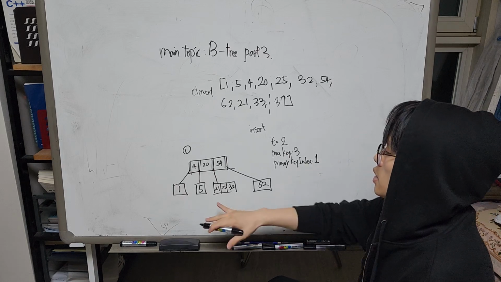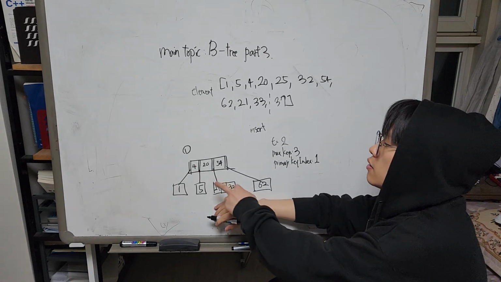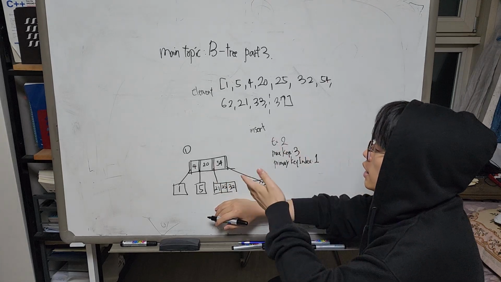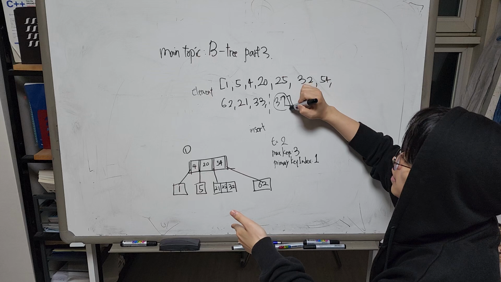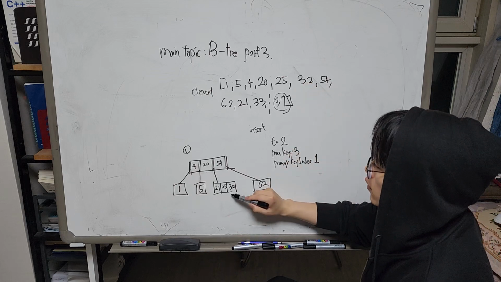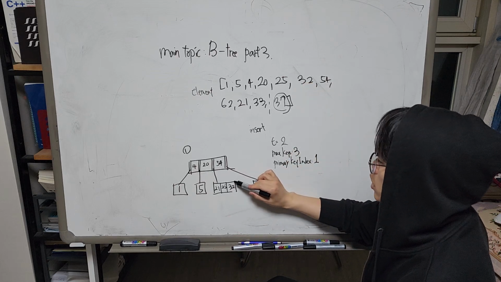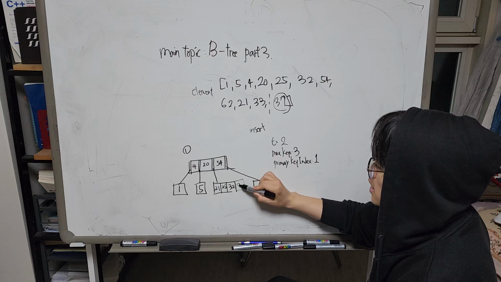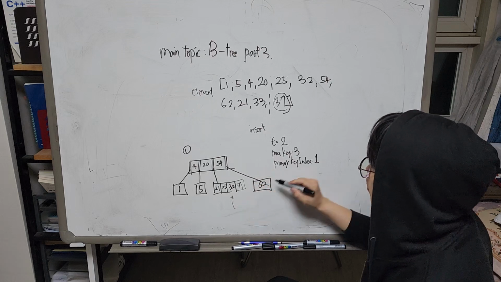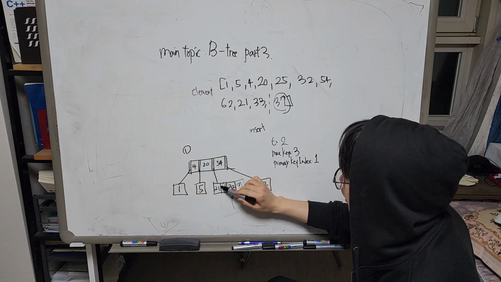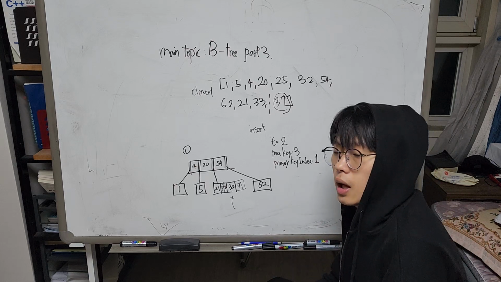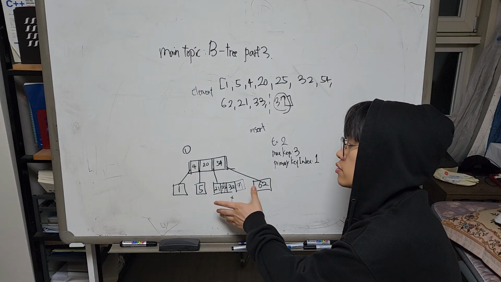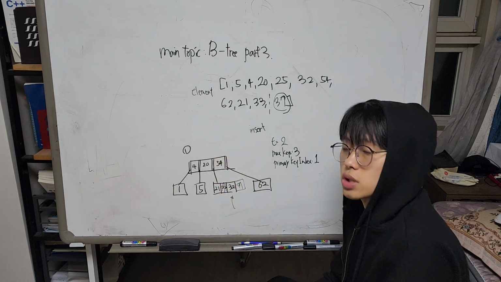So it's pretty fine, but when we're trying to do the insertion, let's say 37, think about it. When we're trying to insert 37, since this node is already full, we have to move 25, which is the primary key, into the parent. That was fine because it was easy.